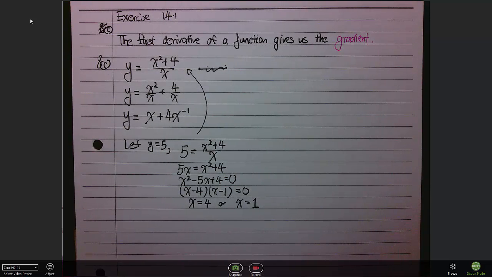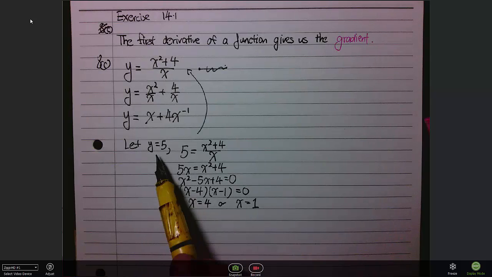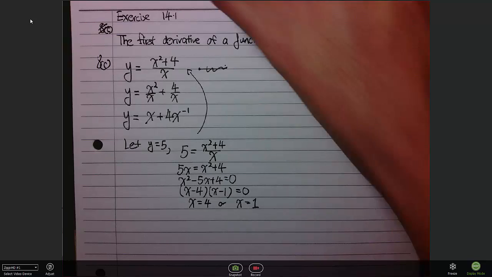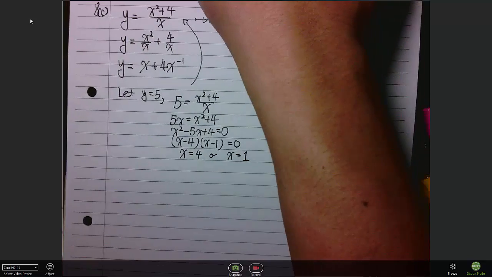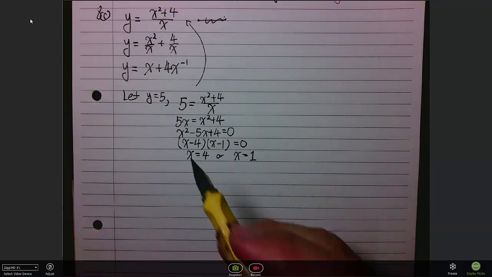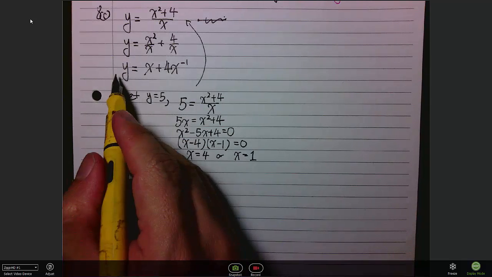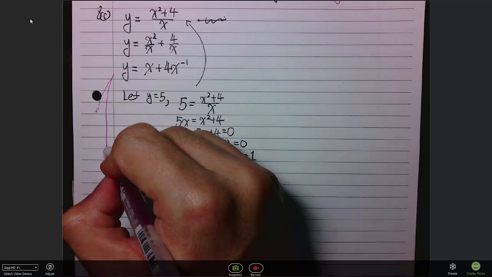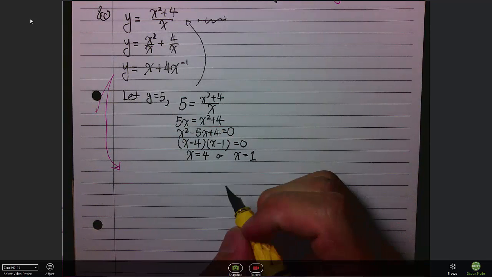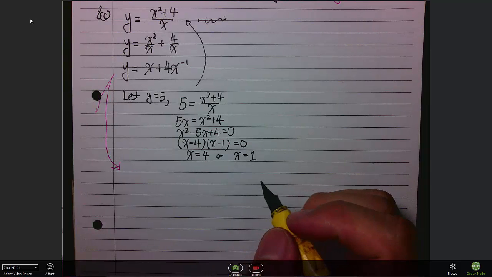This is not the end of the question. All I've achieved so far is that when y is 5, I have found the corresponding values of x. Now we carry on with the meat and bones. As I've said above, the first derivative of a function gives us the gradient. So I have y equals x plus 4x to the power -1.